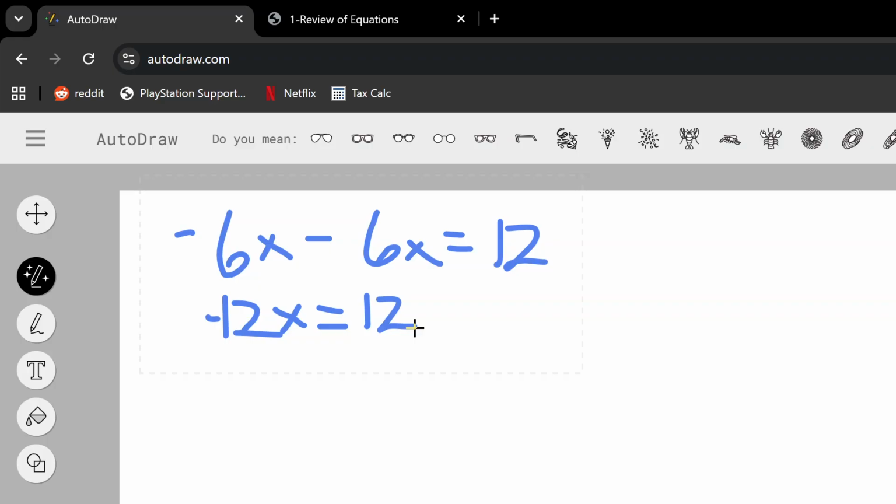Remember what I said. I want x by itself. I don't want negative x. I want positive x. And what's the one way to make a negative into a positive? You divide by a negative. And if I want x by itself, and I got negative 12 here, I want to divide by negative 12.